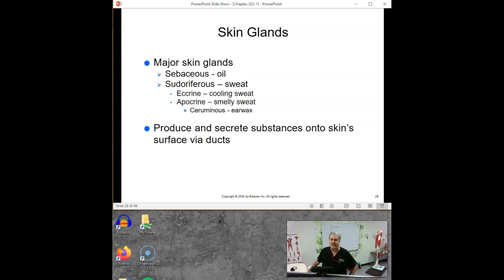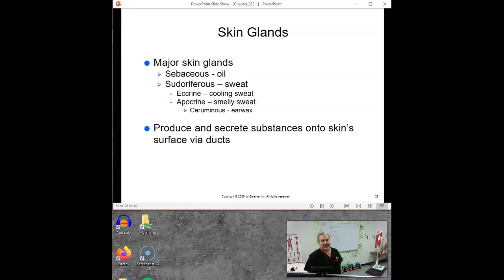So you'll sometimes hear people talk about massage products in terms of the fact that they mimic the sebum from your sebaceous glands in your skin. And those are your body's natural oil glands, which are a good thing.